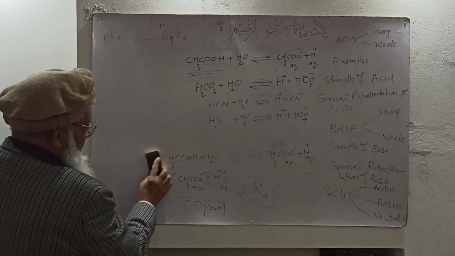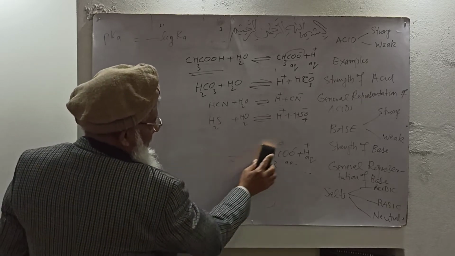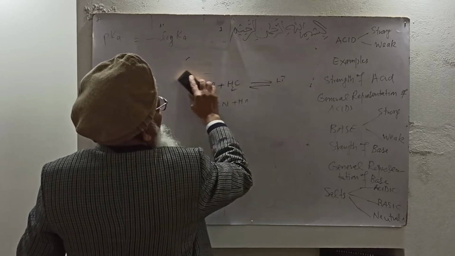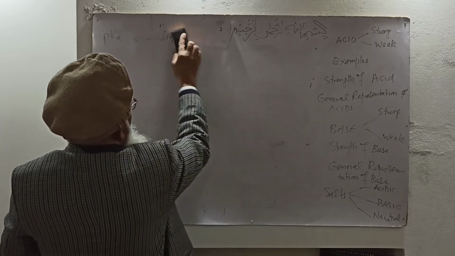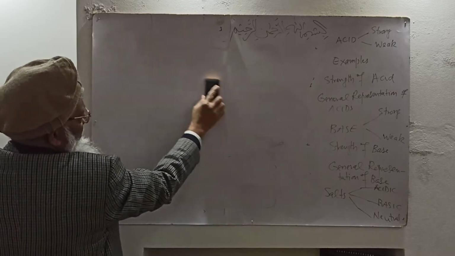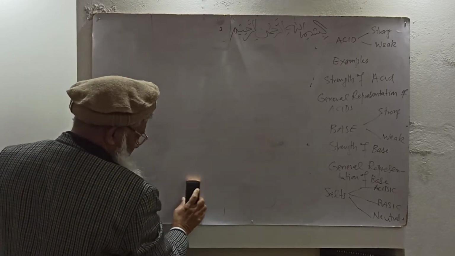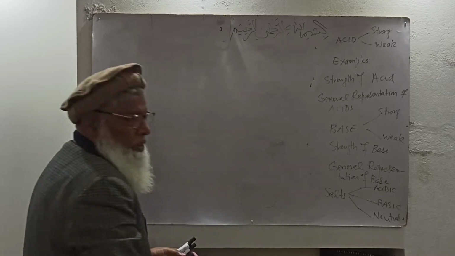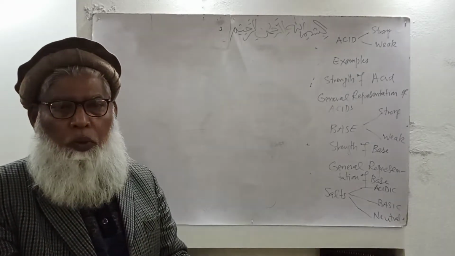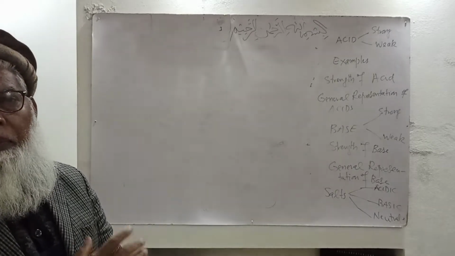Now the general representation of acidic substances. All acids, when these are explained, some acids give 1 proton, some acids give 2 protons, some acids give 3 protons.